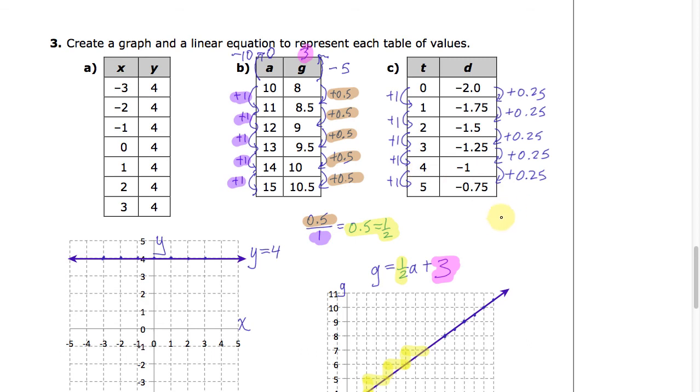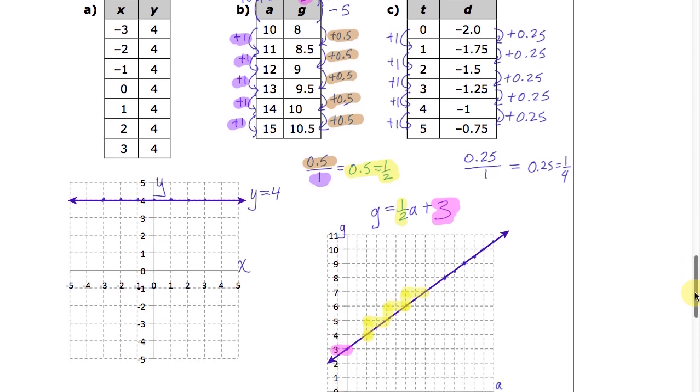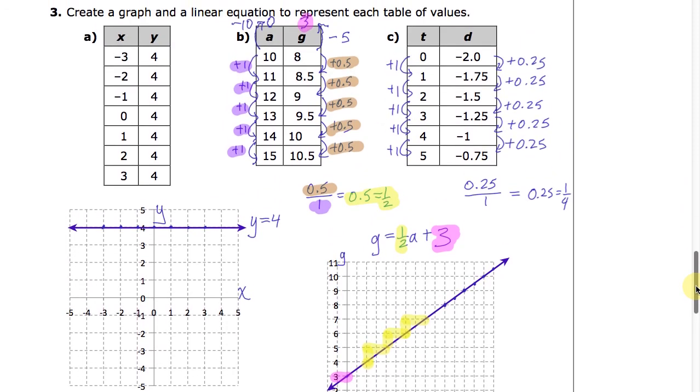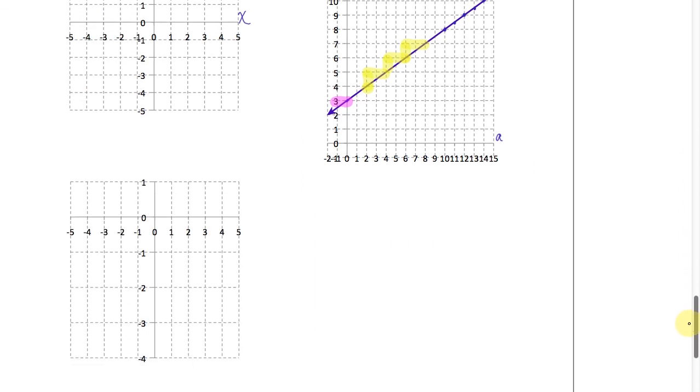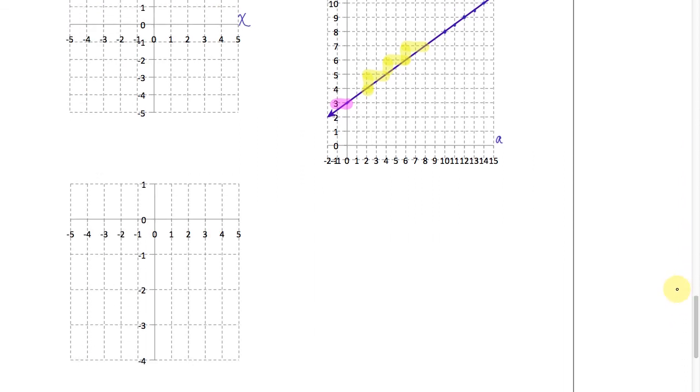So we take the change in d over the change in t, 0.25 divided by 1, and that's 0.25 or 1/4. And so we're going to have that d is 1/4 t plus -2, or just subtract 2. So d is our dependent variable, and t is our independent variable.